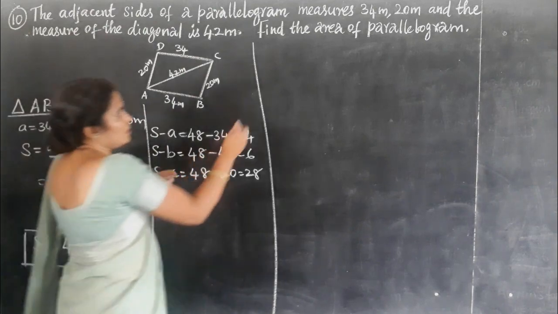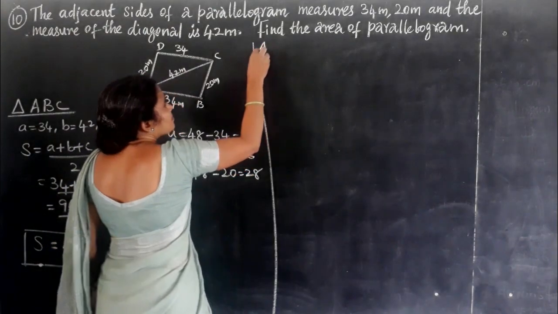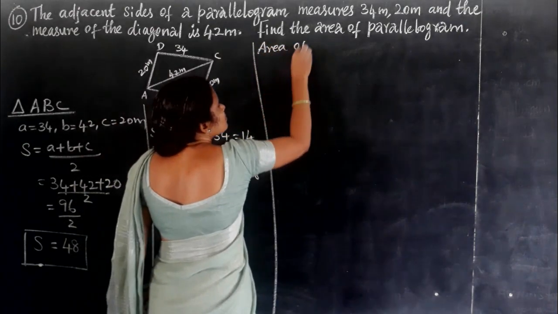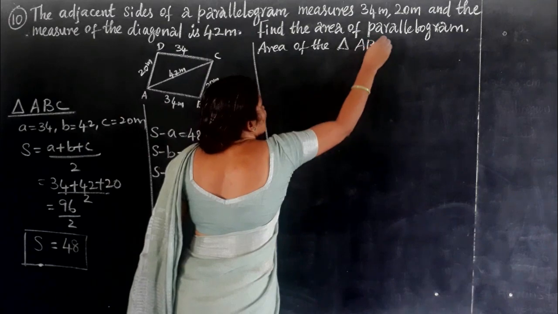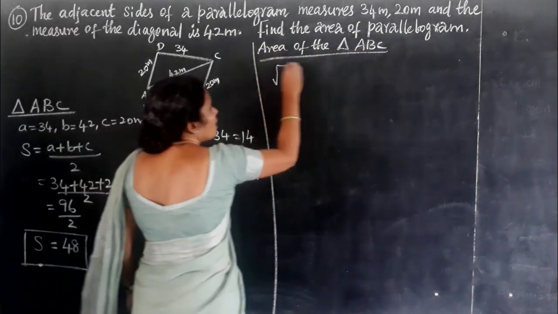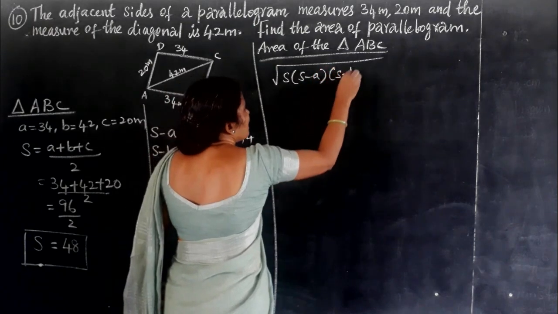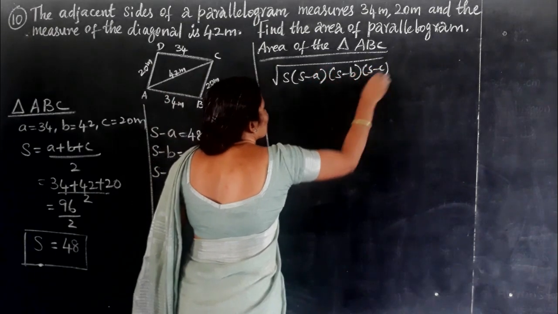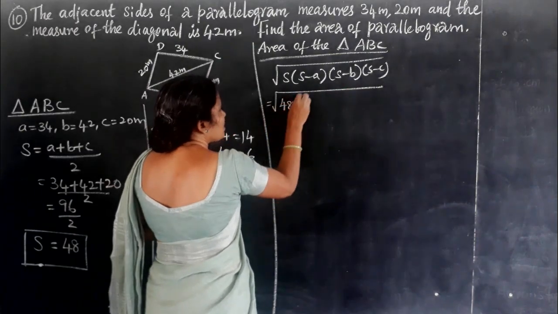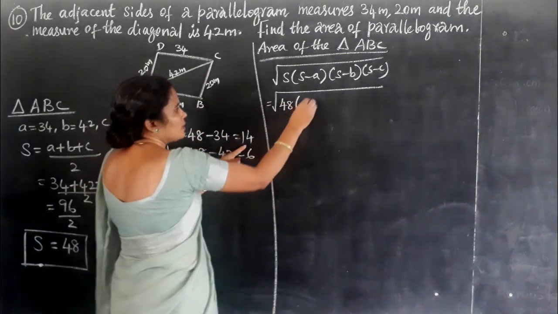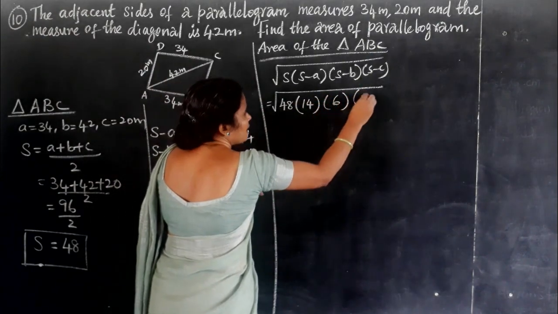Now let us find the area of triangle ABC using Heron's formula. S minus A, S minus B, S minus C. So S is 48, S minus A is 14, S minus B is 6, S minus C is 28.